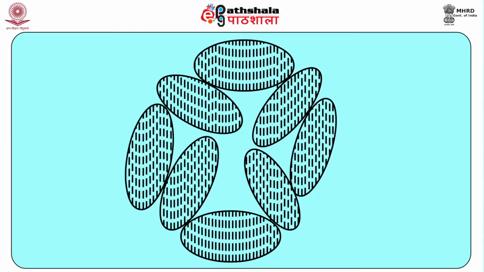X-ray crystallography reveals that each protein subunit is folded in the form of an ellipsoid, as illustrated in the figure, and these ellipsoidal units are further packed in a cubic symmetry with 4-fold, 3-fold and 2-fold axes.